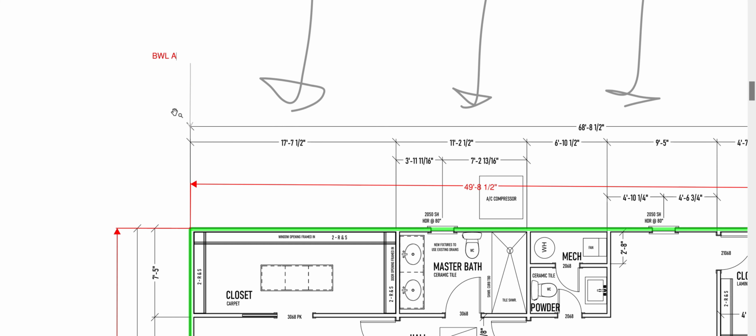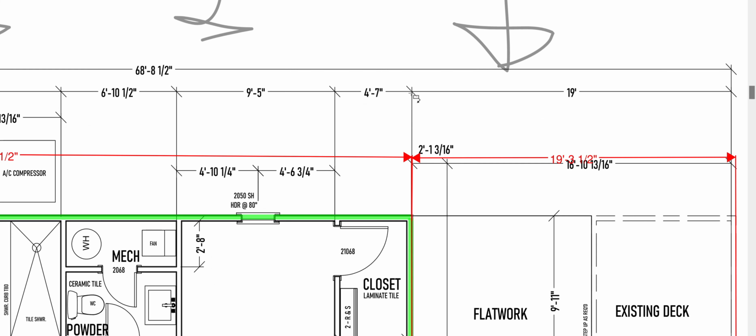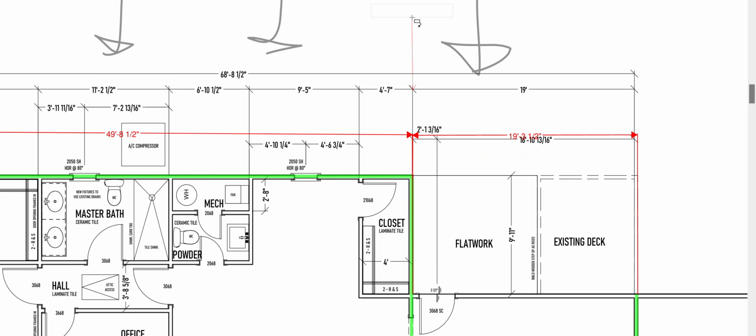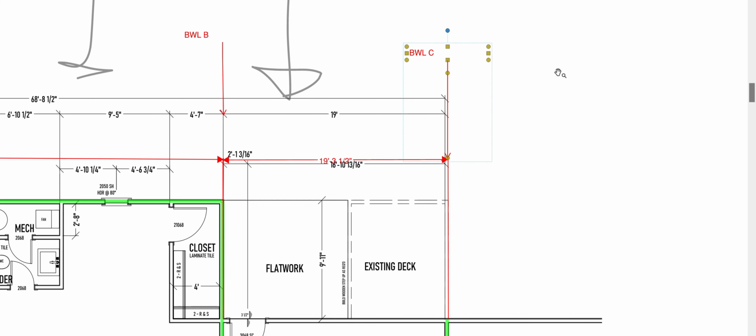Braced wall line A. Oh, the formatting is kind of ugly, but I'm going to move on. Get in line here. Braced wall line B. And braced wall line C. Okay.